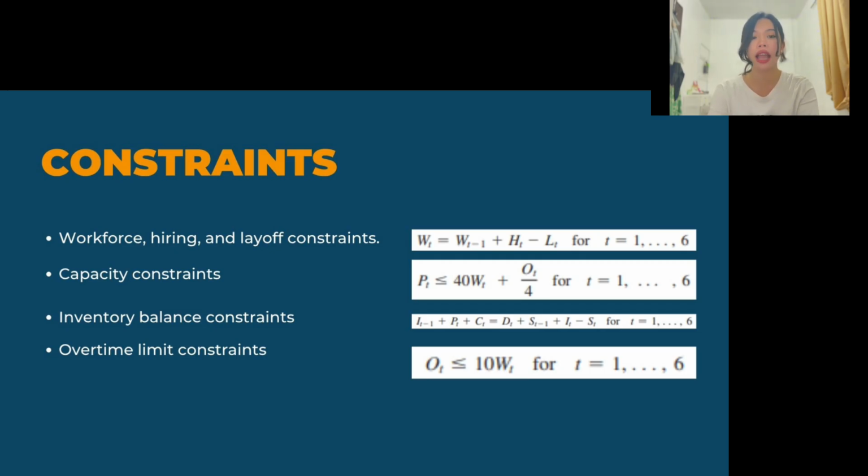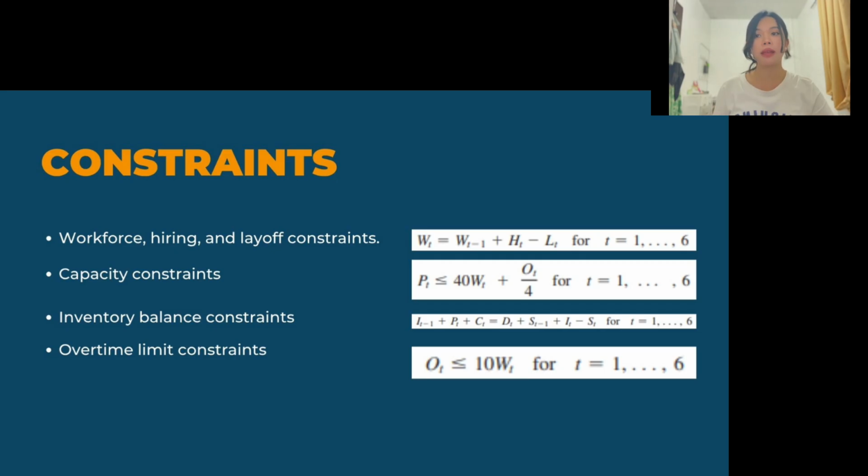It is obtained by adding the number of hired people in the period to the current workforce that they have in a period, and we subtract the number of laid off employees or those who resigned. So the formula that we have here is W sub T equals W sub T minus 1 plus H sub T minus L sub T.